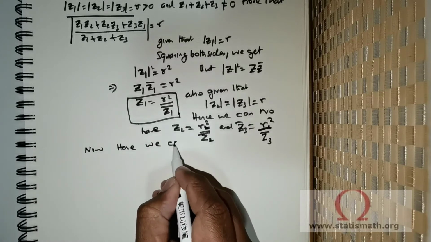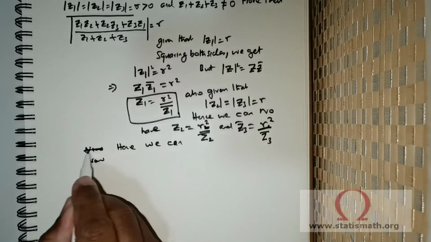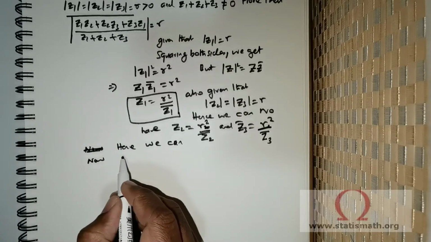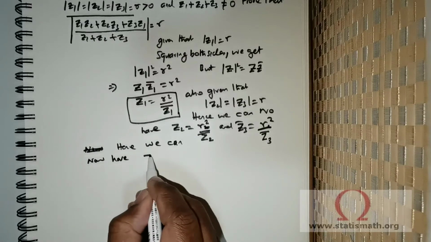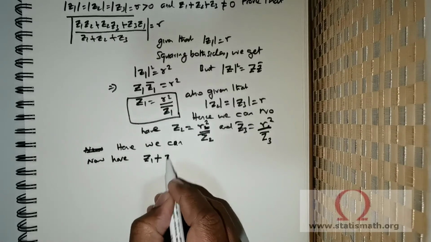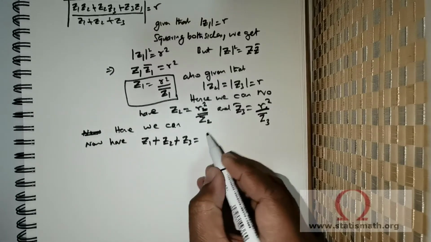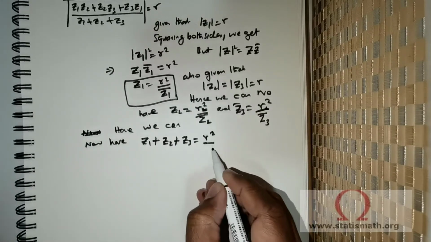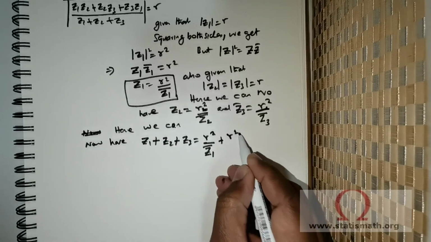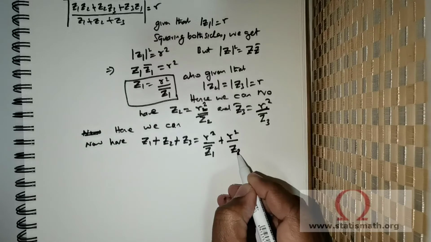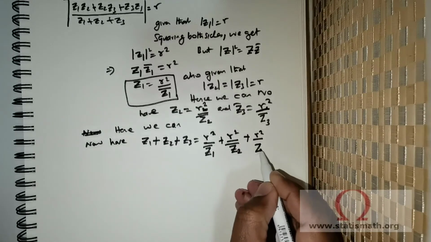Hence we can now have z1 plus z2 plus z3 as r squared divided by z1 bar plus r squared divided by z2 bar plus r squared divided by z3 bar.